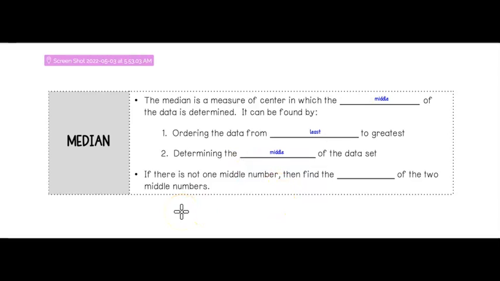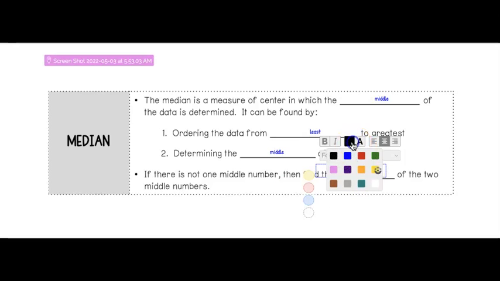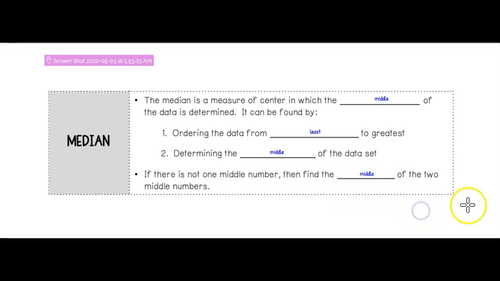And then the last one there says, if there is not one middle number, then find the blank of the two middle numbers. Put that in there. All right, so let's review. The median is a measure of center in which the middle of the data is determined.